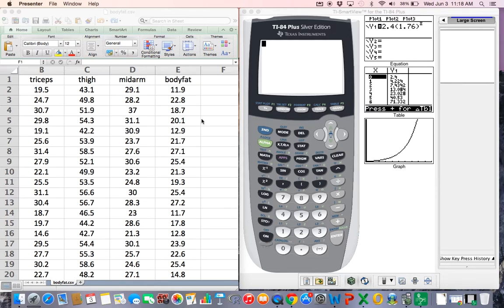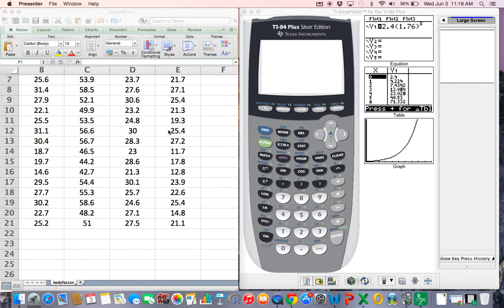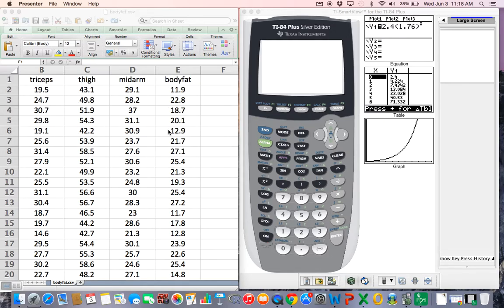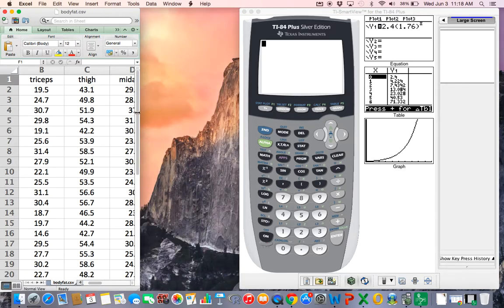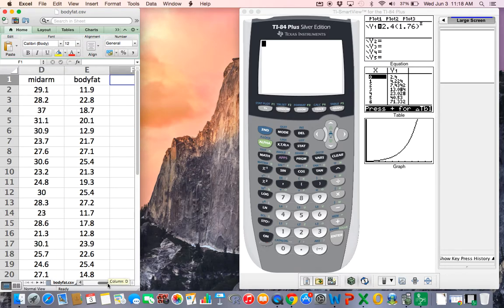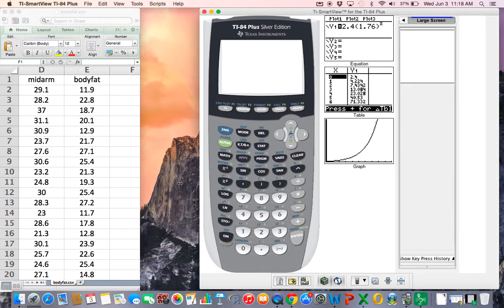And so this data set that I have uploaded, let me bring this over just a little bit, okay, and let me bring this over a little bit where we can get a better picture.